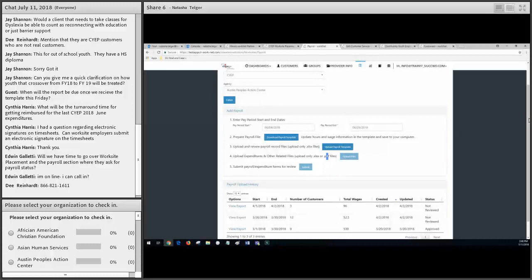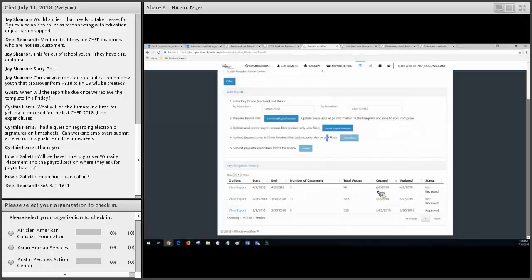It'll only let you put Excel files and PDFs. If you wanted to provide supplemental information, you could, but you're not required to. We get payroll expenditures with the payroll that we get every net 15th, so every 16th and 30th. I can't upload it, so it's not one or the other. We do need a payroll file, period.